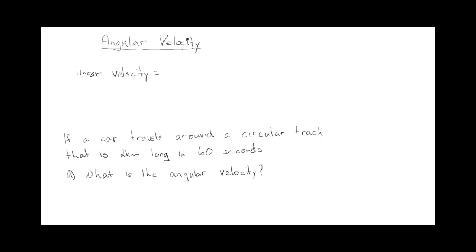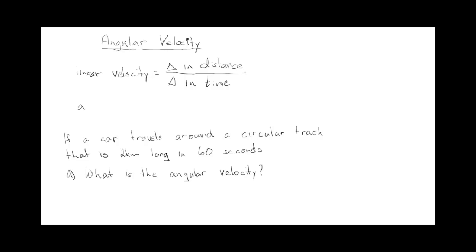or the change in distance over change in time. So an angular velocity is a very similar concept, except instead of measuring the change in the distance, you're going to measure the change in the angle.